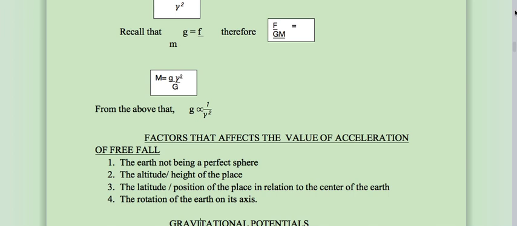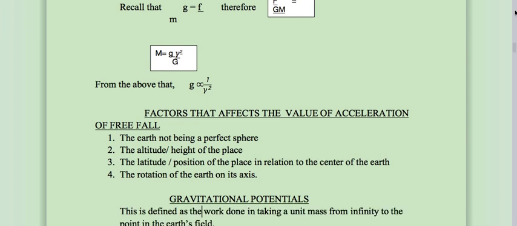Number two, altitude or height of a place also affects the value of the acceleration of free fall. Number three, latitude or position of the place in relation to the center of the earth can affect it. That means when the position of a place differs from the center of the earth, it can tell you the exact value of that acceleration. That's why weights differ from place to place.